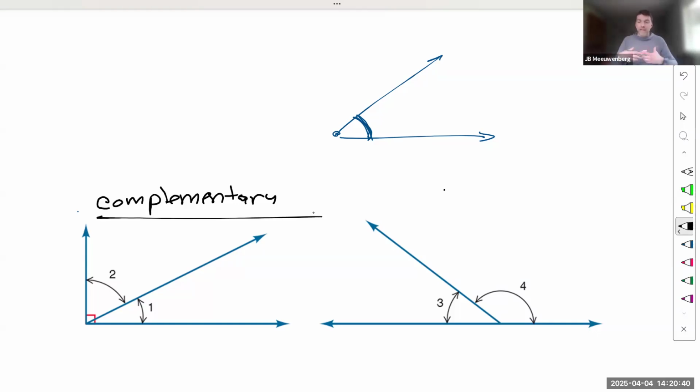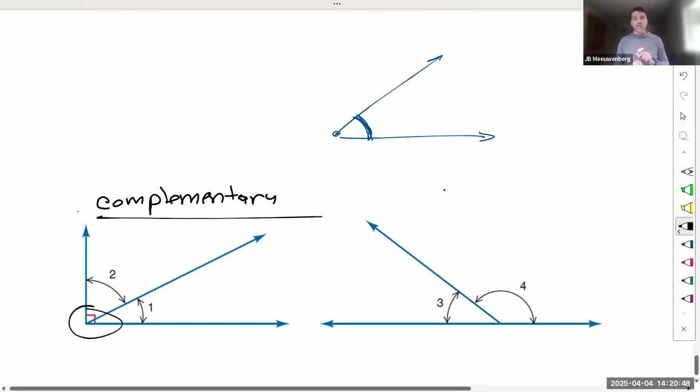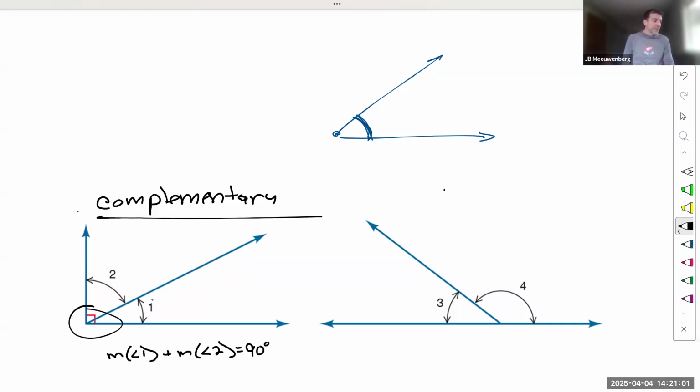If something complements something else, it goes together with that thing. And so complementary angles make a whole right angle, 90 degrees. They always add up to 90 degrees. So we could say the measure of angle 1 plus the measure of angle 2 must equal 90 degrees. If we add those two numbers together, they would equal 90.